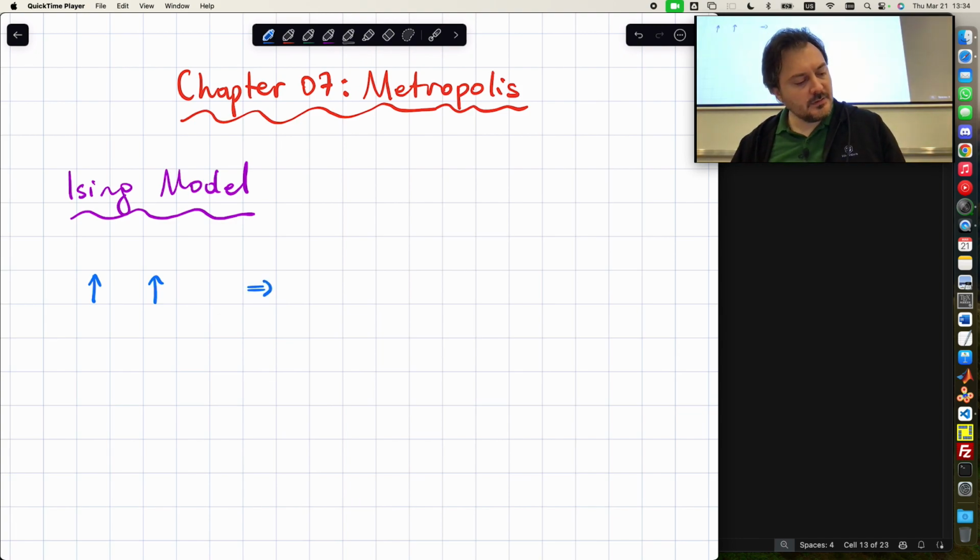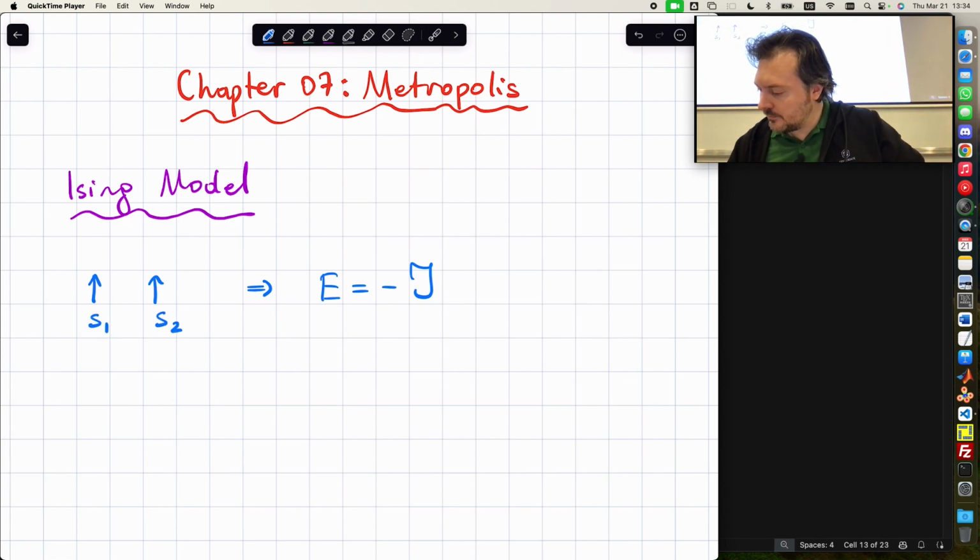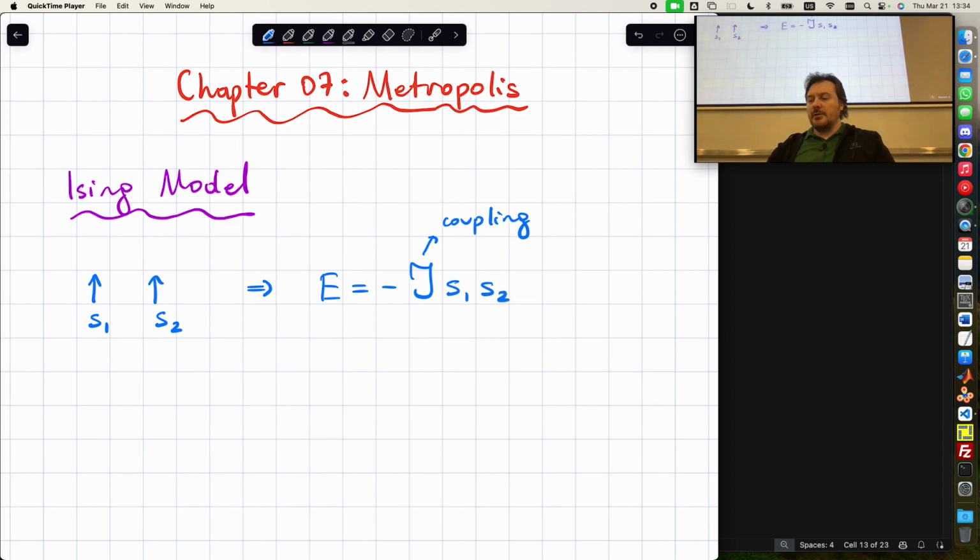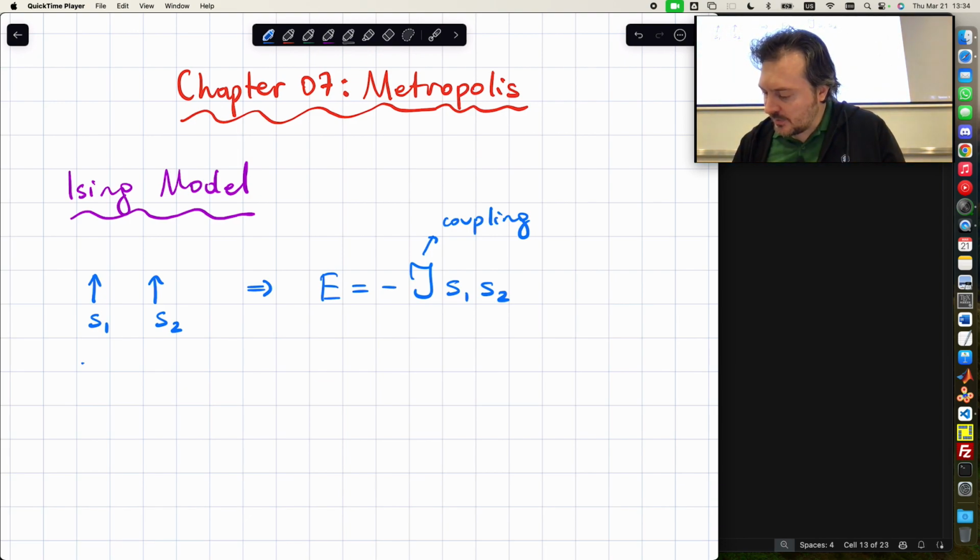We write its energy or Hamiltonian like this. So let's say this is S1, this is S2, minus J, this is coupling, times S1 times S2. So why this works? Because these can be plus or minus 1, right?